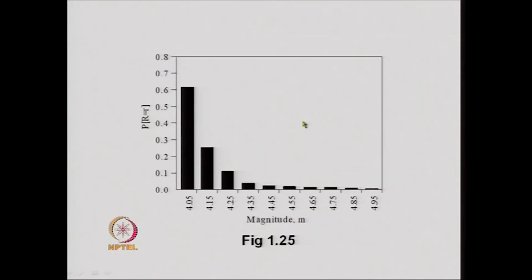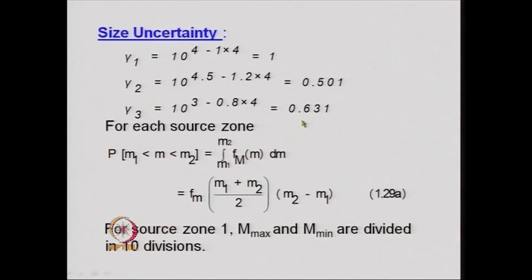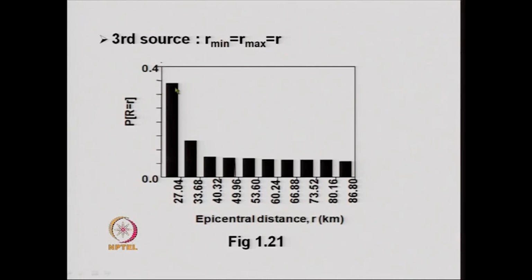For example, here one can see, so this is the center of the division. For this center, the probability of occurrence is about 0.336.